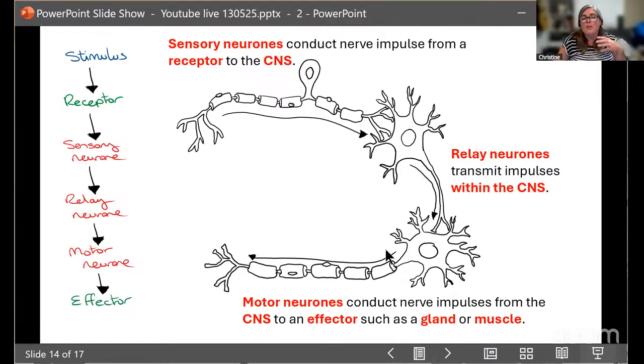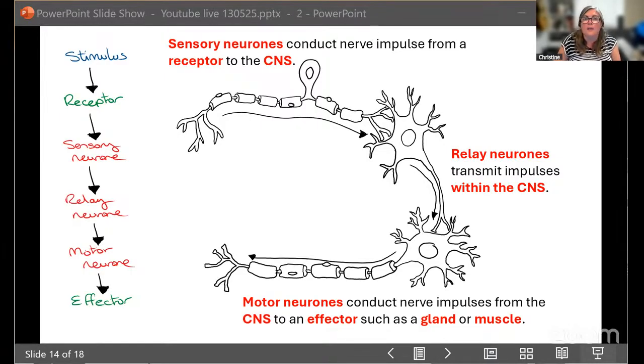Now, that effector is going to do whatever the response is that's being coordinated. Now, remember, this is under autonomic control. So this is an unconscious control. This is not thought of. It's autonomic.